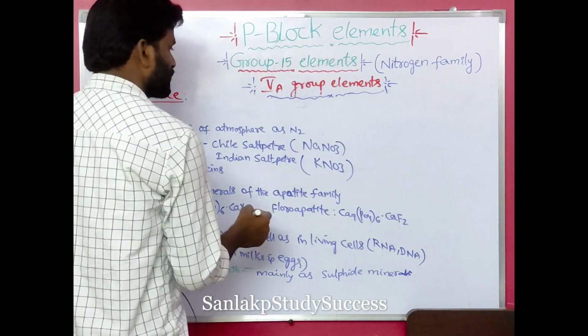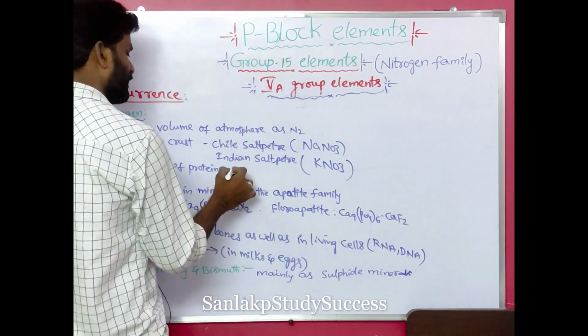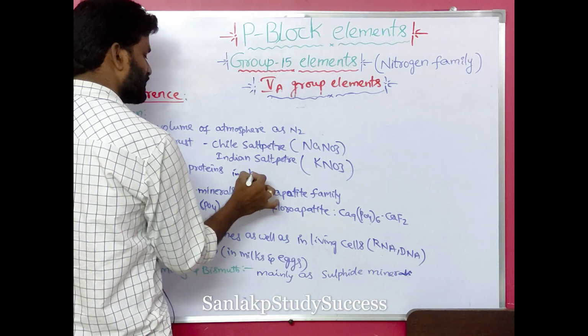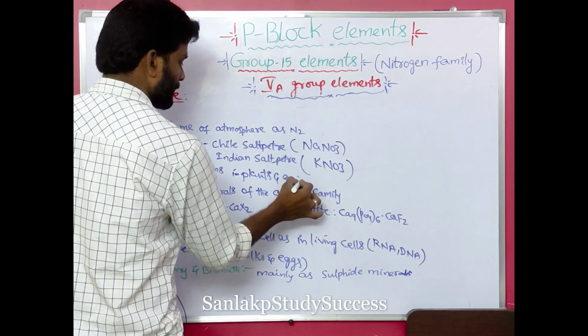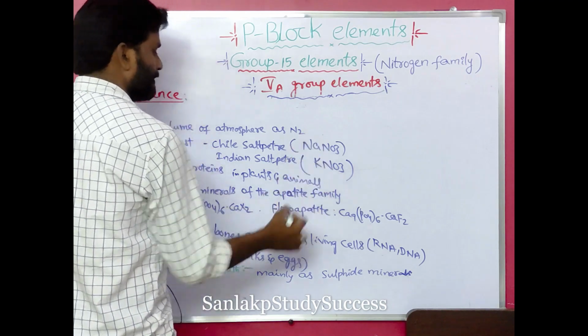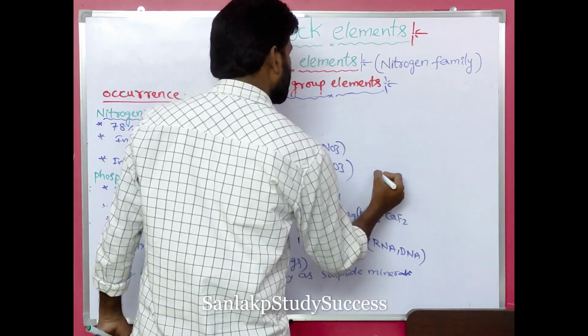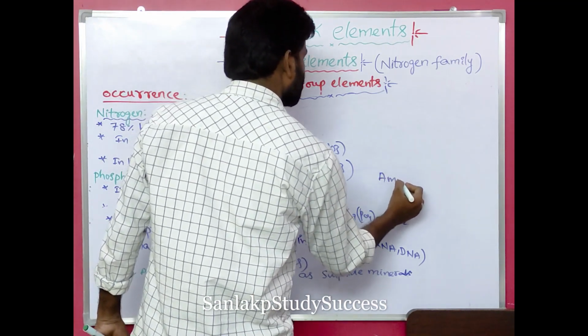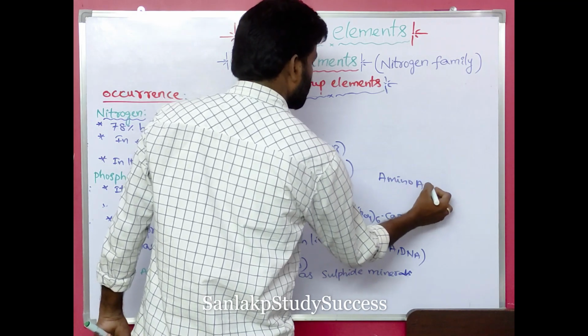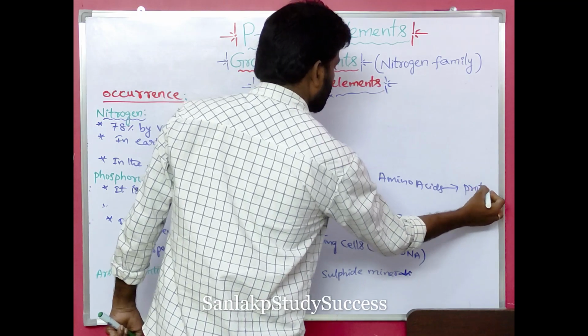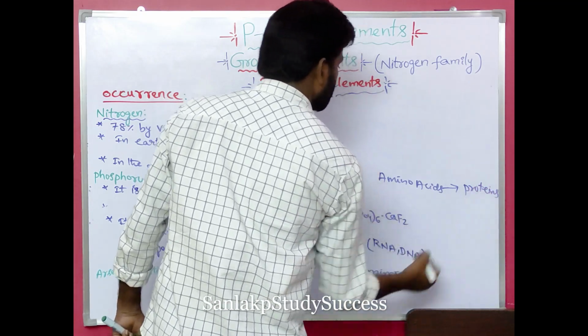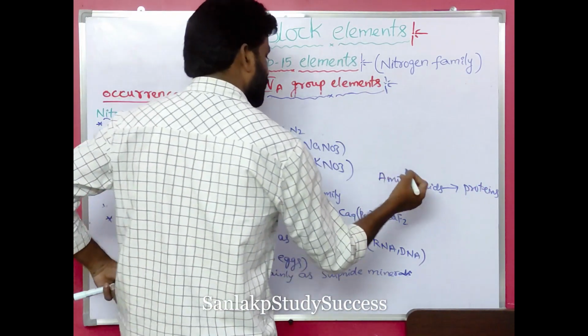We know that proteins are present in plants and animals. Proteins are produced from amino acids, and amino acids contain nitrogen.